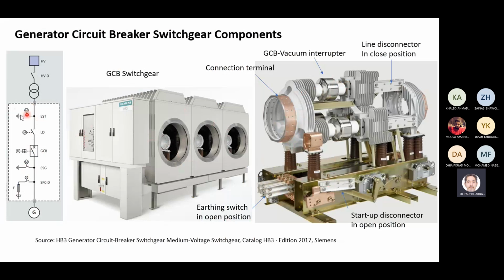Similarly, you have grounding on the other side of the breakers and so forth. So this is how a circuit breaker for a generator looks like.